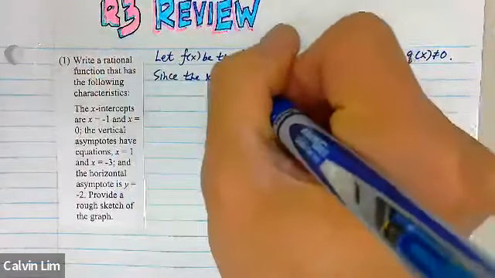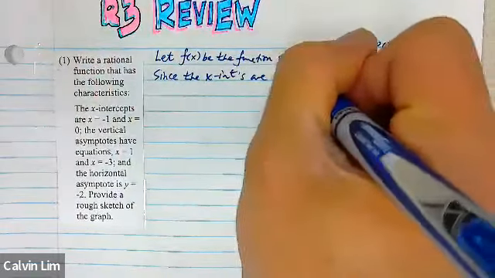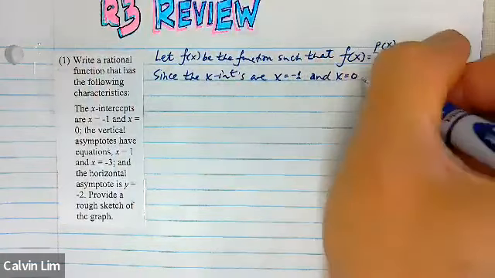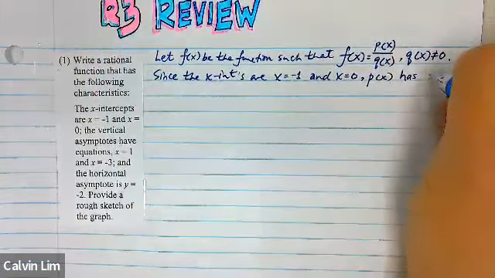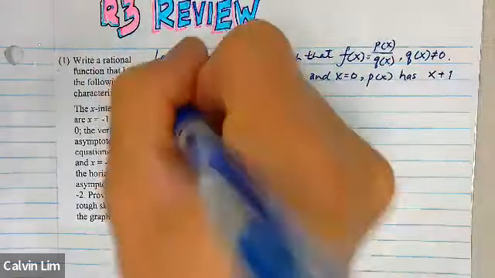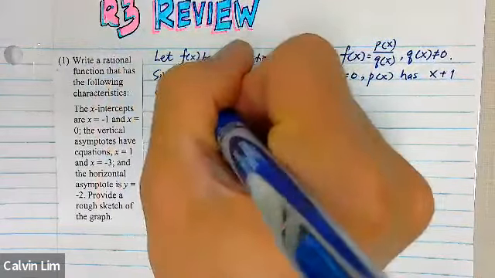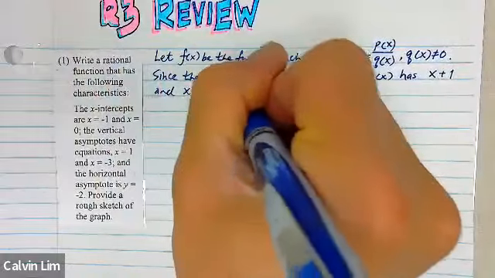the x-intercepts are x equals -1 and x equals 0, P of x has x plus 1 and x as factors.